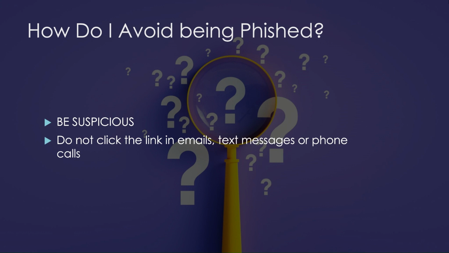What you can do, if you need to visit a specific URL, you go to the address bar in a new tab and you type it in manually, letter for letter. We try to stay away from clicking links from emails because bad actors could address it on email to look very real until you click on that link and get sent to a website that you should not be on.